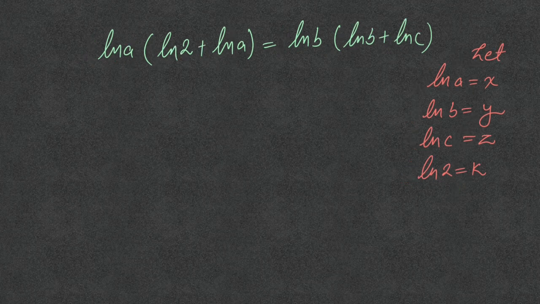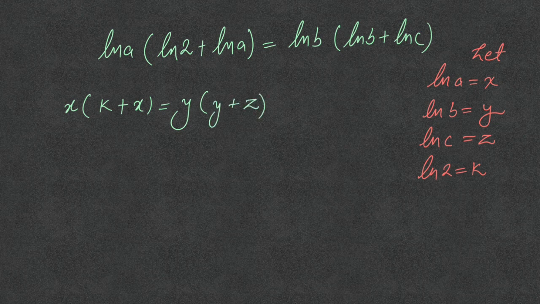So this equation becomes x times k plus x equal to y times y plus z. So this is equation number 1.